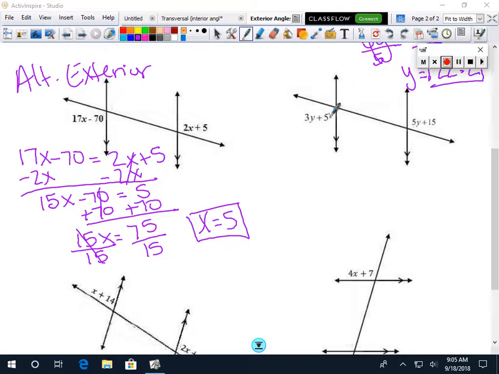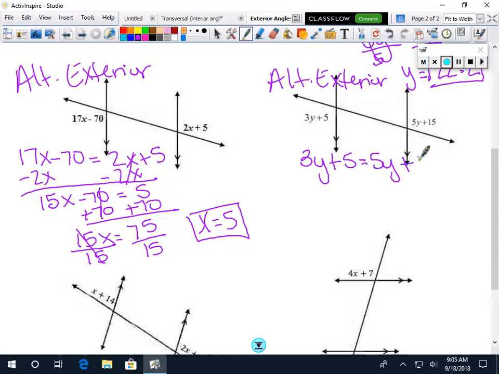Looking at this next example, it is also alternate exterior. So I know again that they are congruent. So 3y plus 5 is equal to 5y plus 15. So I'm going to subtract 3y.